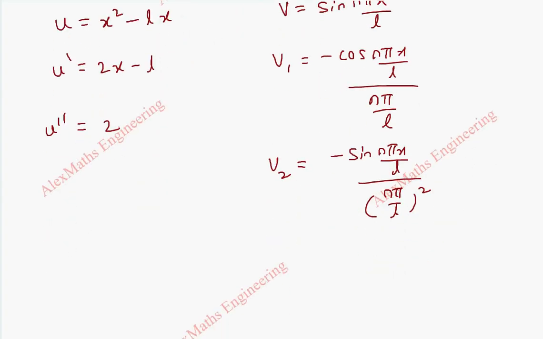Now Bernoulli's formula is u v1 minus u dash v2 plus u double dash v3 minus u triple dash v4 dot dot dot. But anyway, here u triple dash will become 0 because differentiation of 2 is 0.